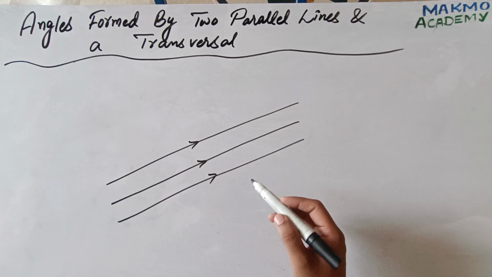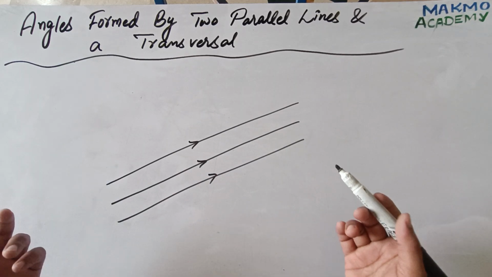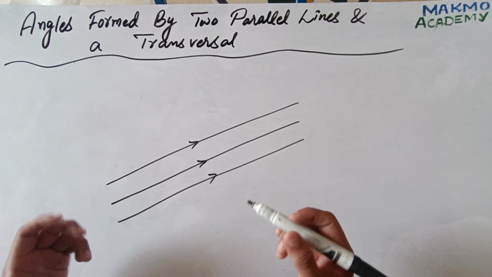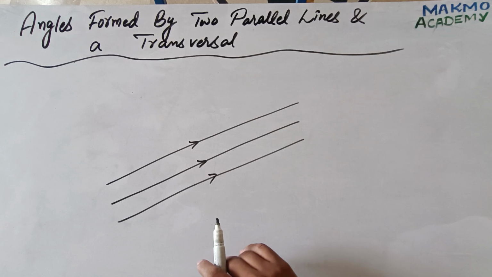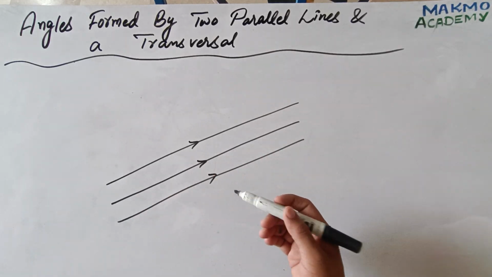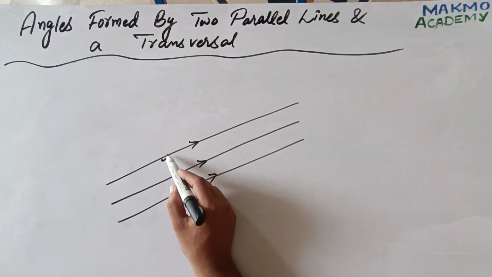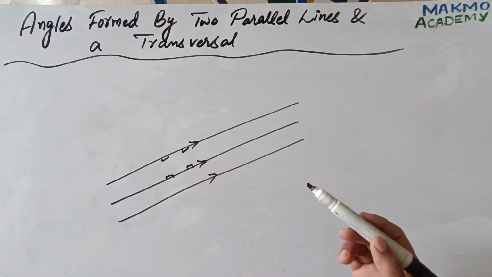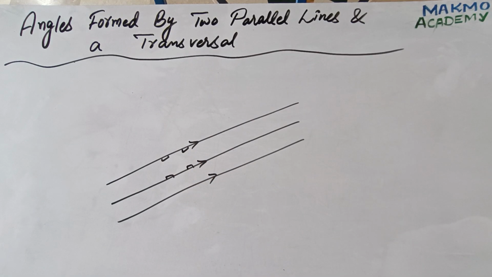We have so many real life examples of parallel lines, like railway tracks which do not meet at a single point, sometimes roads, and parallel parking. If the cars are parked like this, these are parallel parking. So there are so many examples in real life. The lines which do not intersect at a single point are called parallel lines.